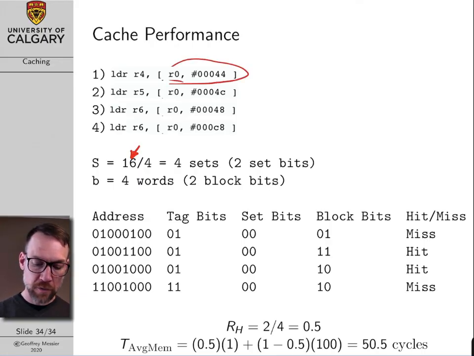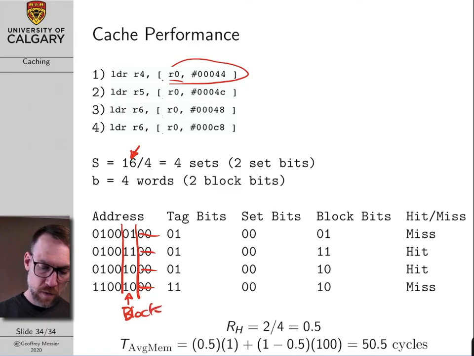So address 44 corresponds to, if we get rid of these as our byte offsets, these are our block bits. These are our set bits.